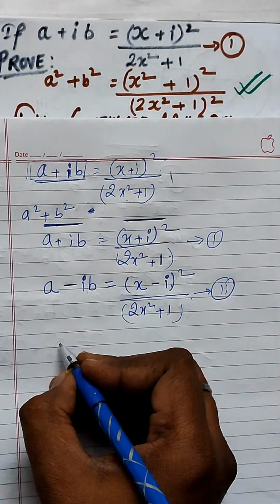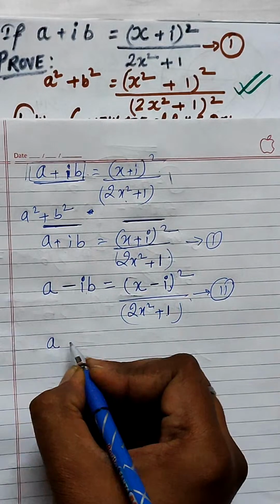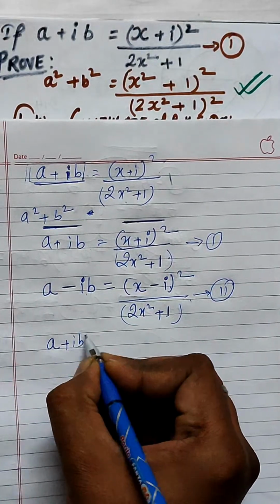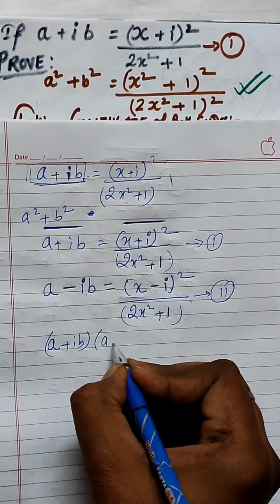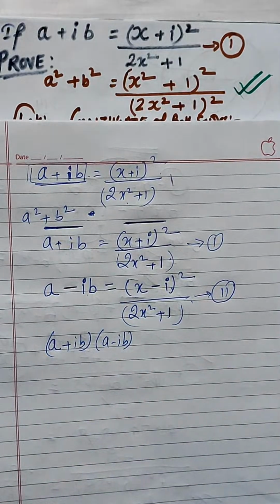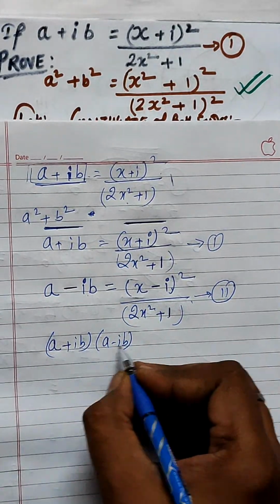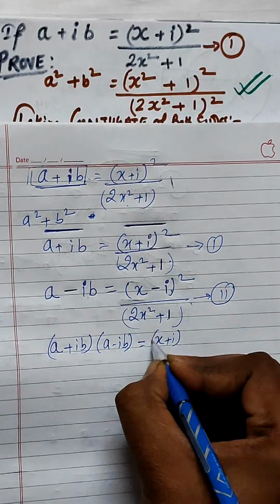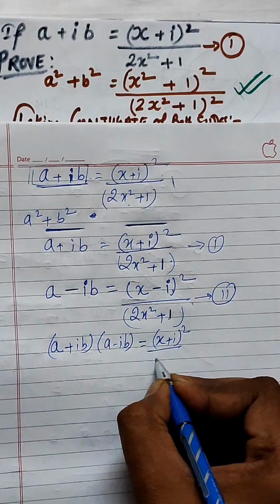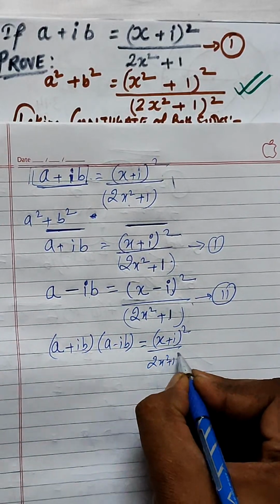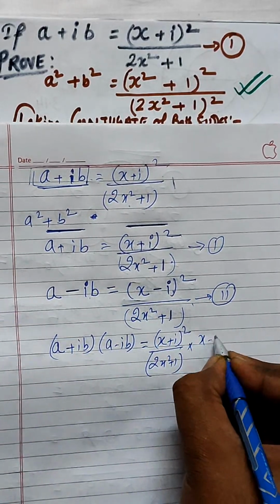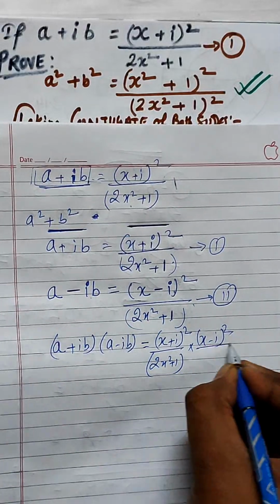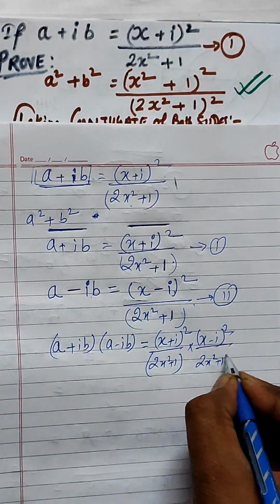Multiply 1 and 2. When you multiply, a plus ib is multiplied by a minus ib, and on the RHS, (x plus i) whole square by 2x square plus 1 is multiplied by (x minus i) whole square by 2x square plus 1.